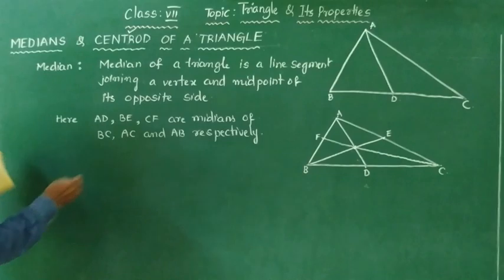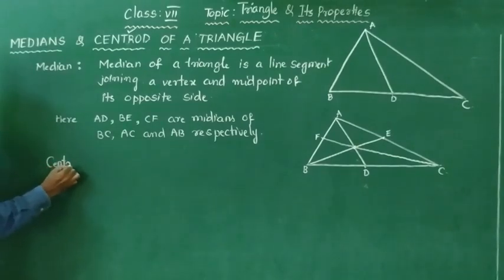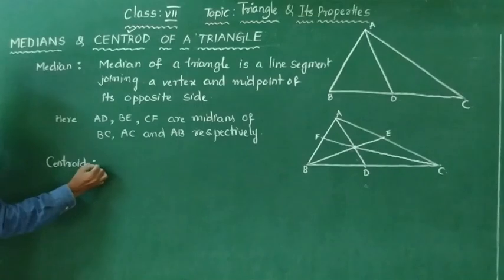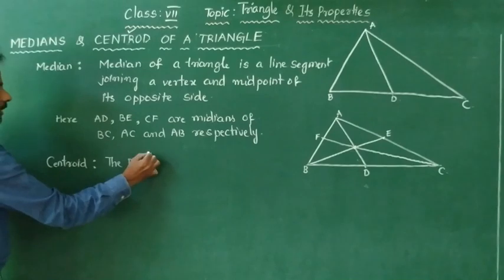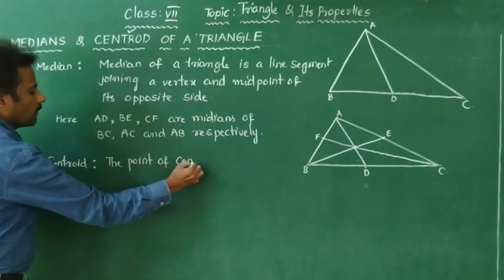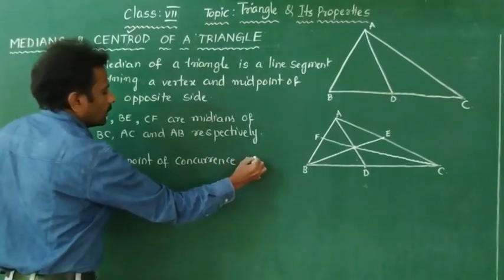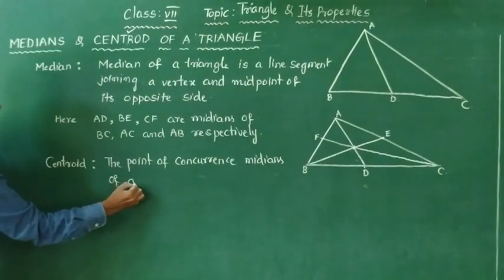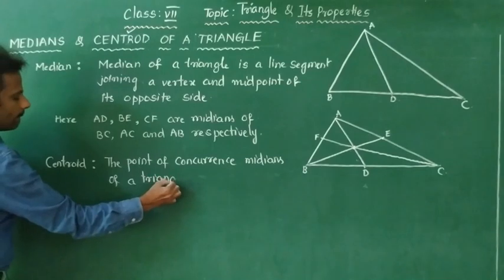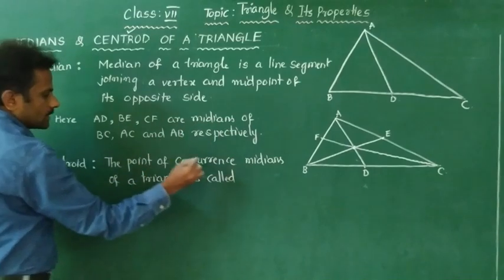So here we can observe the points. Now we can say the centroid definition. Then later we will write the properties. What is centroid? The point of concurrence of medians of a triangle is called, what is the name of that point of concurrence?